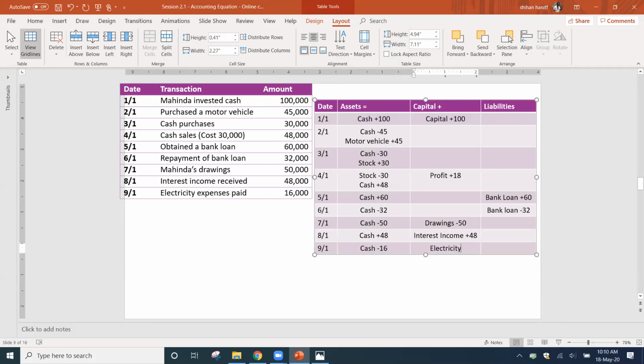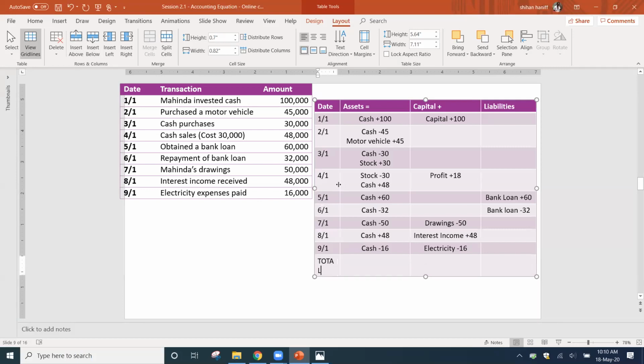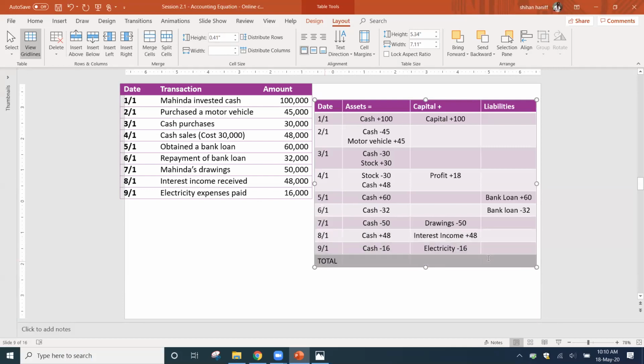Electricity is an expense. Expense will decrease the capital. Income will increase the capital. Expense will decrease the capital. Then after doing all this, you can calculate the total value of each column.